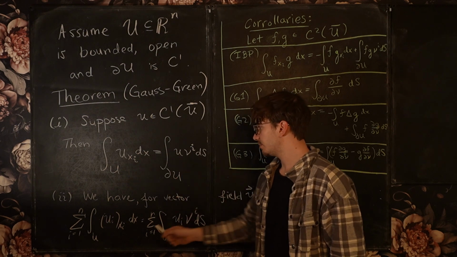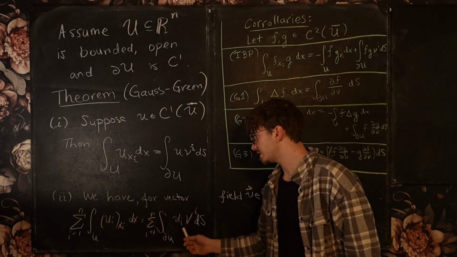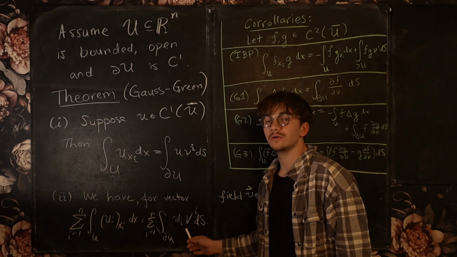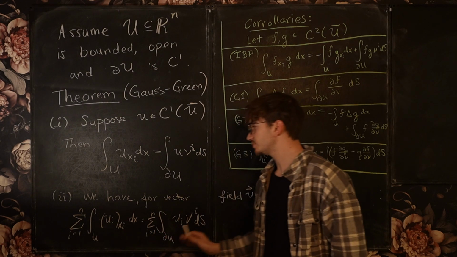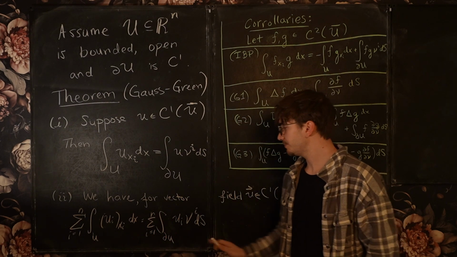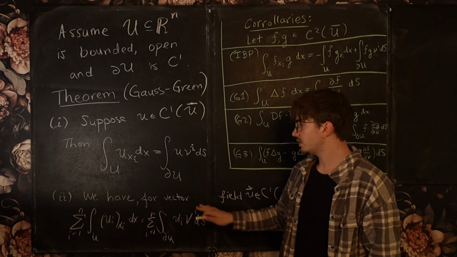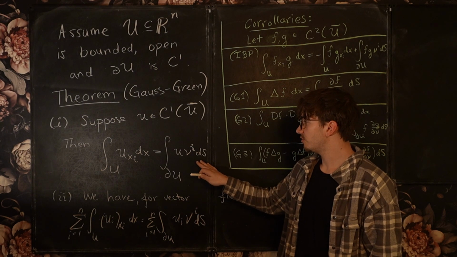Then these sums from i equals 1 to n are equal, because every term of the sum is equal. So the overall sum must be equal. So part 2 follows as a direct result of part 1.